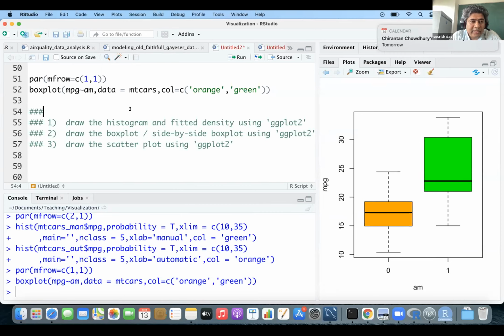In ggplot2 there is also one thing called qplot. Don't use qplot.